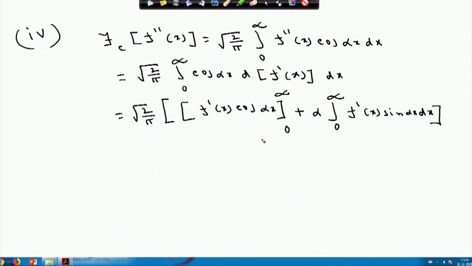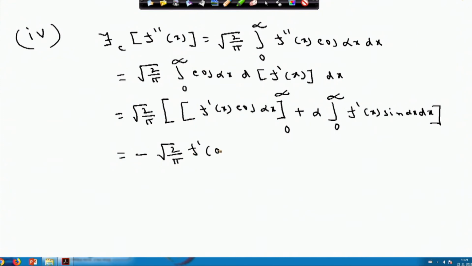Again the first part will fully vanish at infinity because f x and f dash x approach 0 as x approaches infinity, but at x equals 0 you will get a term. Cos 0 is 1, so you will get f dash 0.